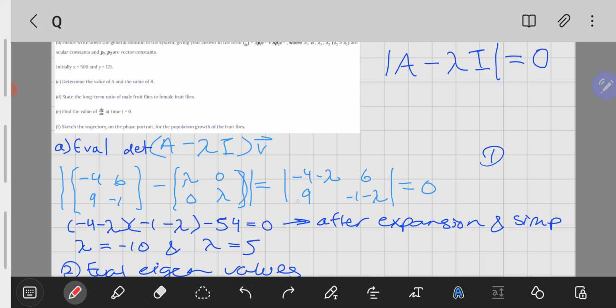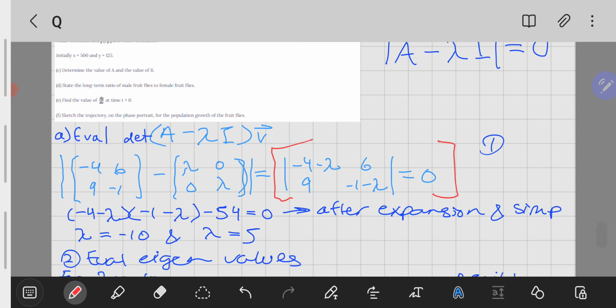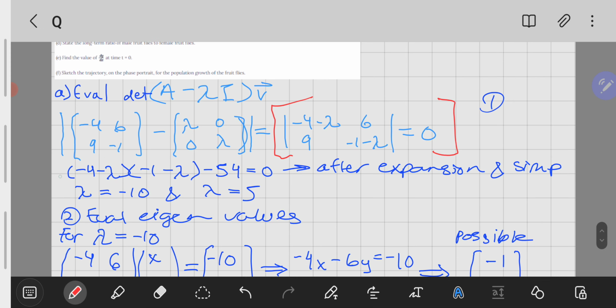With this, we can evaluate the absolute value of our new matrix, and upon doing so, we should get the following equation. After expanding and simplifying, you should find the eigenvalues come out to be -10 and 5.